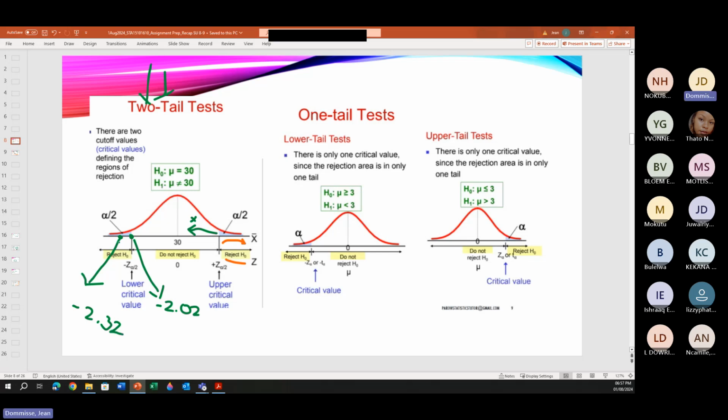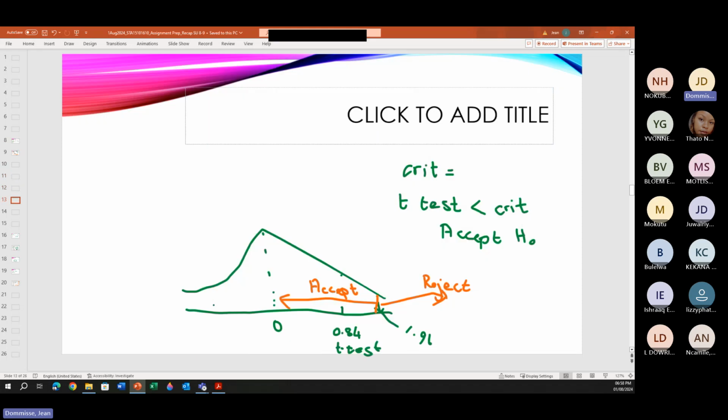So from this table, what we can see is that we're going to reject the null hypothesis. So critical value minus 2.0281, the T-stat that we worked out was minus 2.32, lies outside that. So reject the null hypothesis. Let's quickly check.